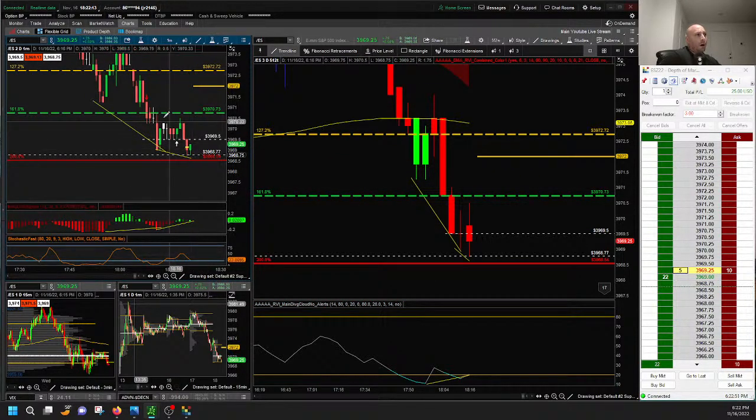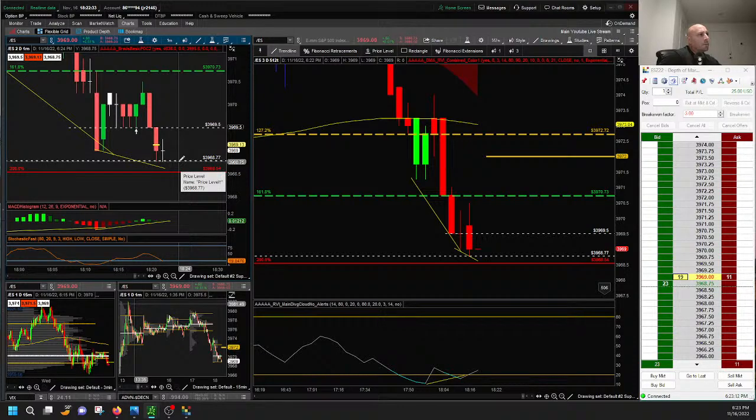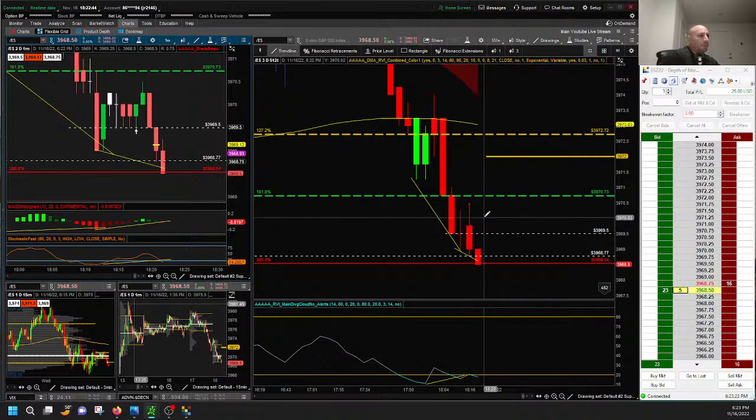So now I'm going to watch the 1 minute. 69 and a quarter. $68.50. So I'm gonna watch the 1 minute because we still have that divergence, right? If we break higher, but we'll see.